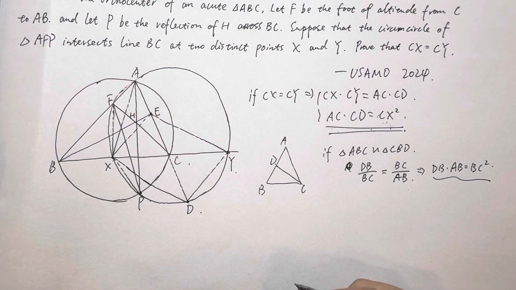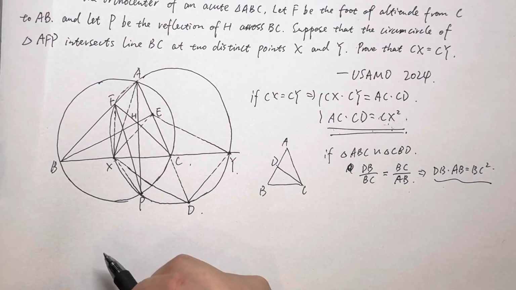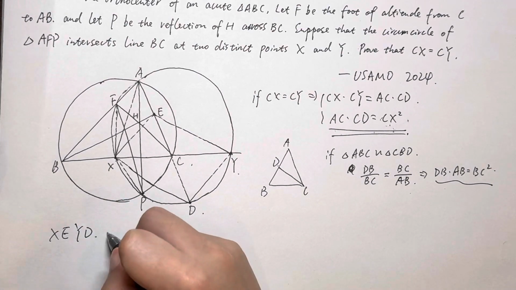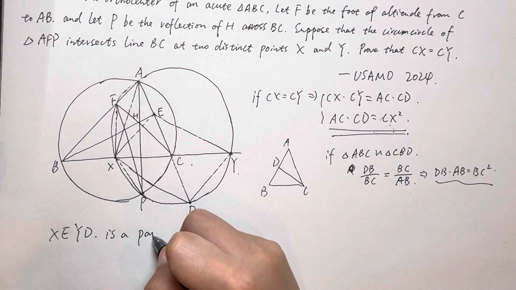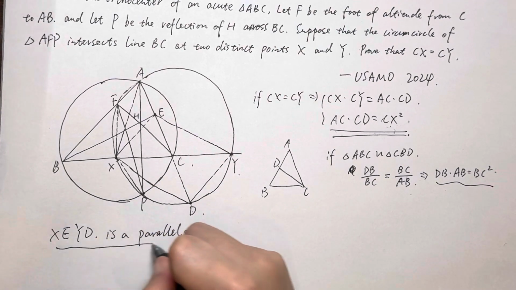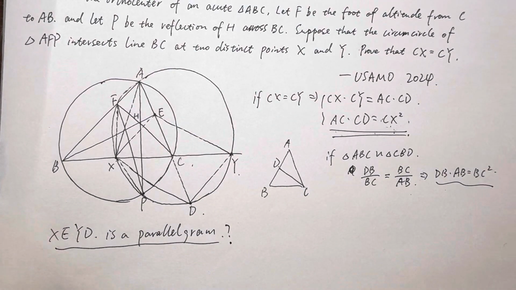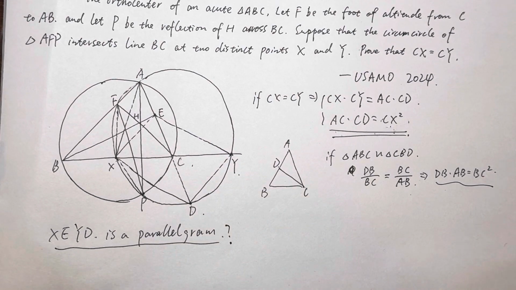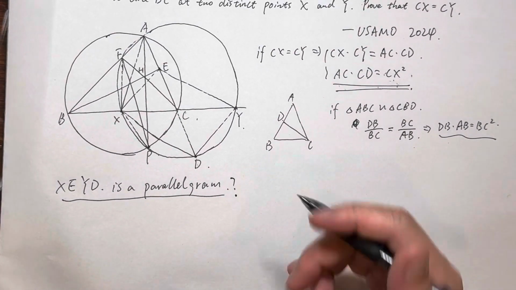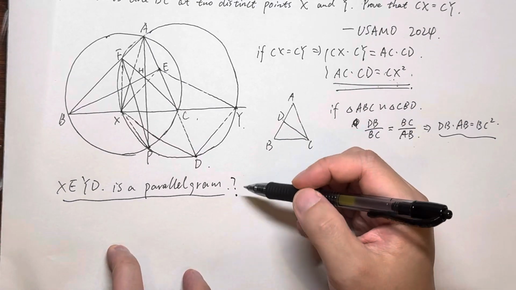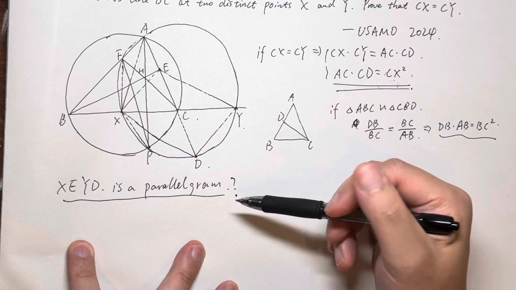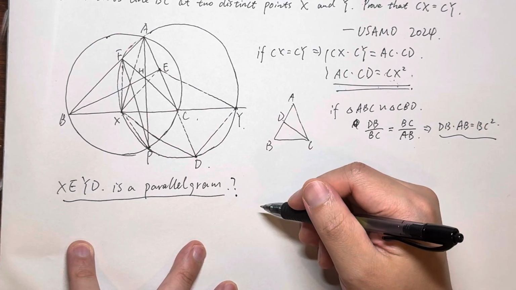The question is, can we prove that XEYD is a parallelogram? Is that true? We don't know, right? That's what we think of in the real exam. Whether XEYD is a parallelogram, we don't know. Let's try to prove it.